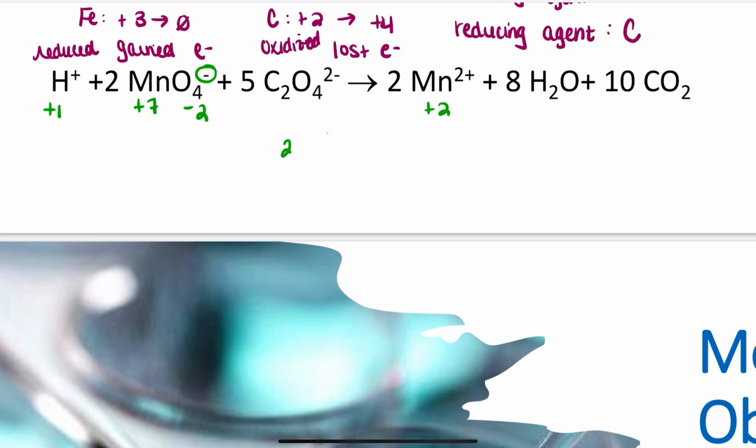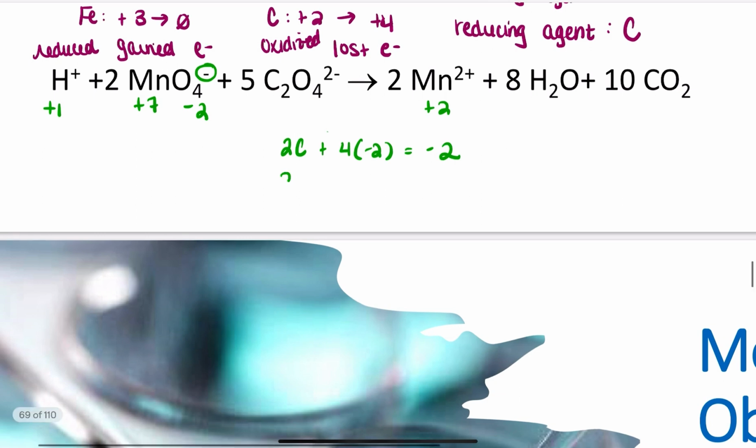C2O42-. I've got 2 carbons plus 4 oxygens at -2 charge each, -2 overall. 2 carbons, -8 equals -2. My 2 carbons have to be equal to a +6, so each carbon is +3, each oxygen is -2.